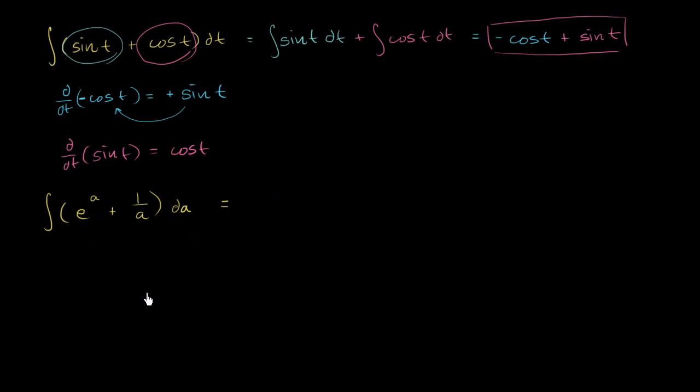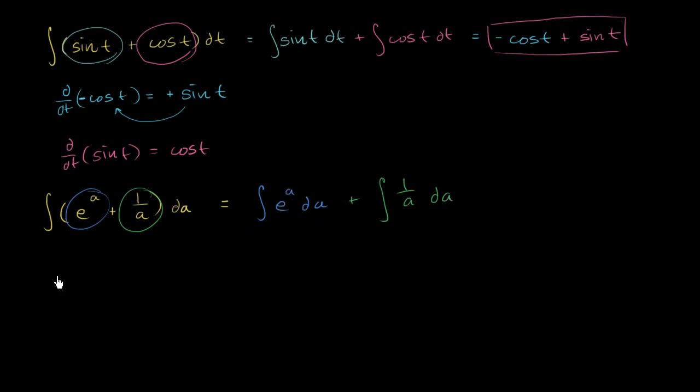So what is this going to be equal to? Well, once again, we can rewrite it as the sum of integrals. This is the indefinite integral of e to the a dA, plus the indefinite integral, or the antiderivative, of 1 over a dA. Now, what is the antiderivative of e to the a?